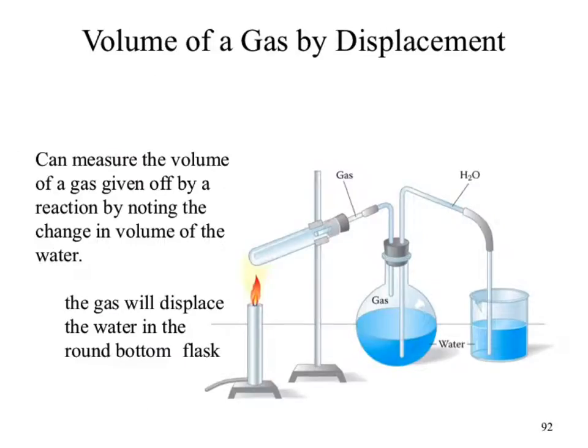Okay. We can measure gas by displacement. Gas brings in a whole other host of issues. One of the issues with gas is that gases can dissolve in liquids, so that can make this a little bit more difficult. But if we assume the gas doesn't dissolve in liquids, what I can do is a reaction which will generate a gas. That gas travels up this tube and goes where?